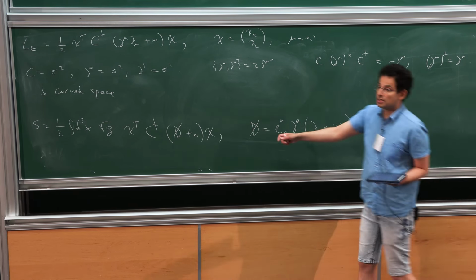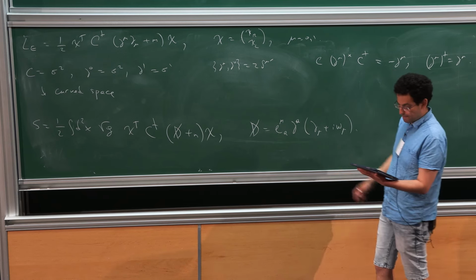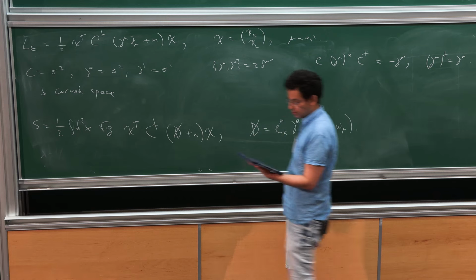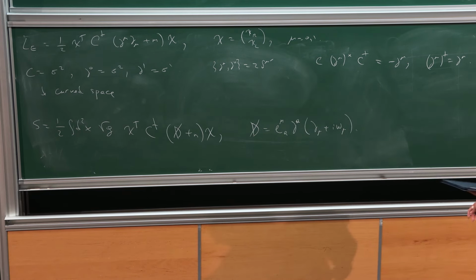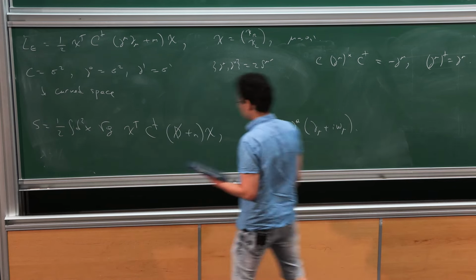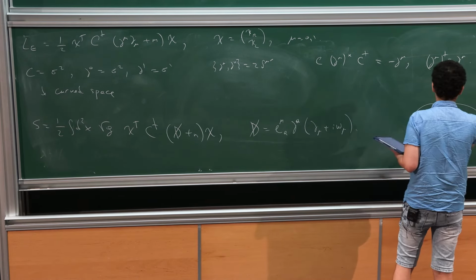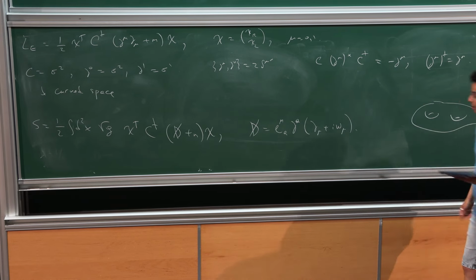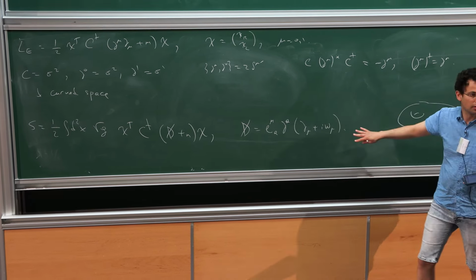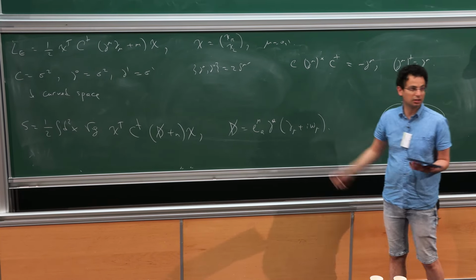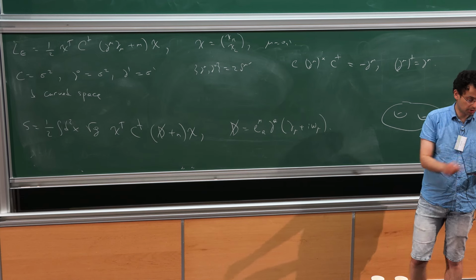E is the vielbein, gamma A are the same matrices, gamma 0, gamma 1 here, omega mu is the spin connection, g is the metric of your space-time manifold. I will not go into all the definitions of these quantities related to the geometry of the manifold.